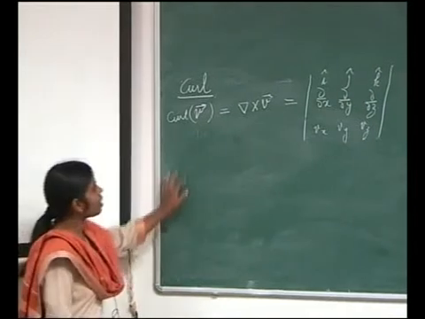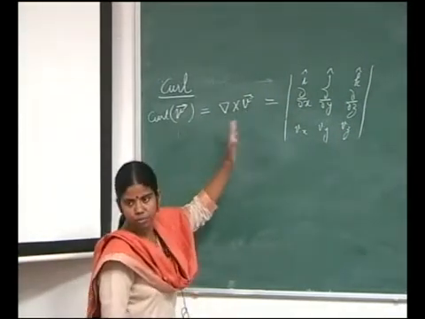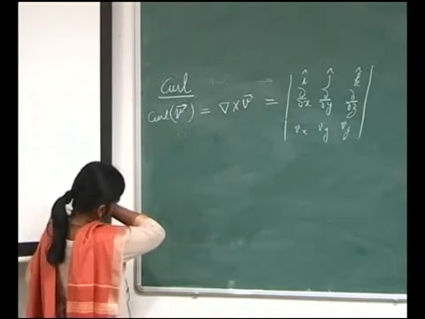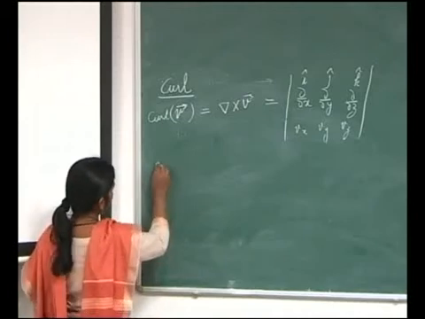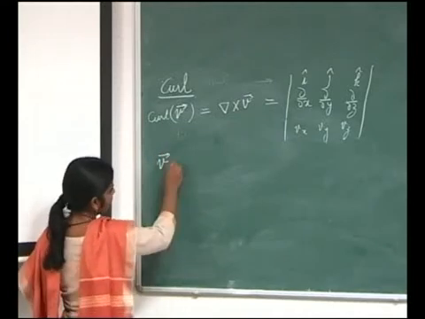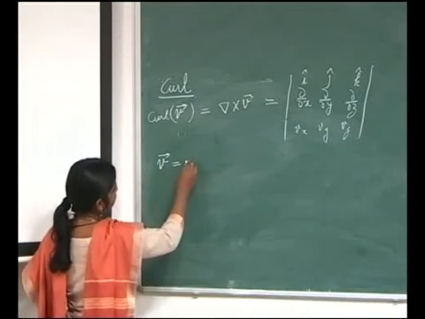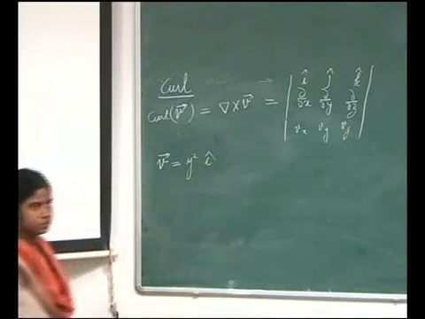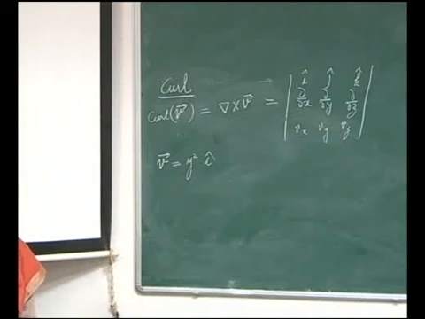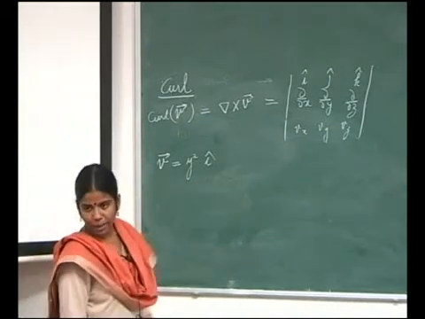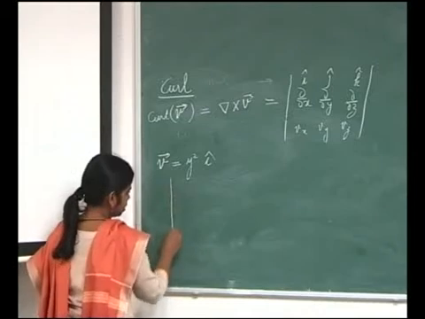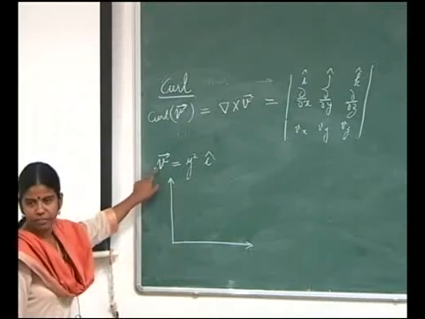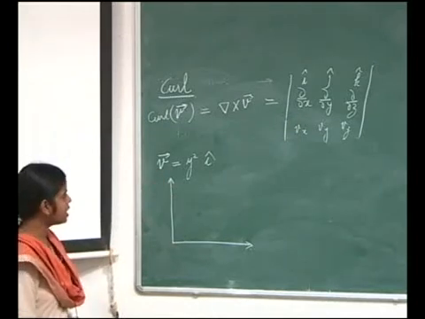Now again let us understand what exactly this cross product will do to a vector. Suppose I have a vector field, say velocity, given by V is equal to y square i. If I plot this vector field, which happens to be a velocity field, then what would I get?